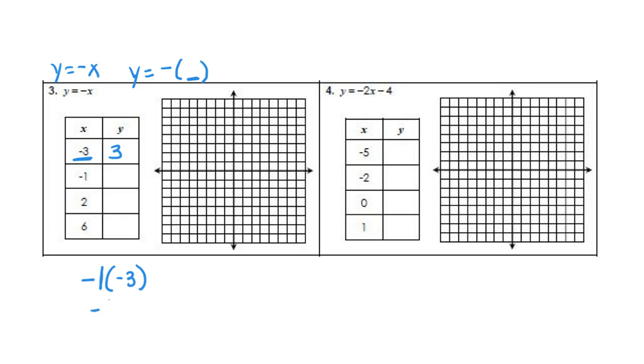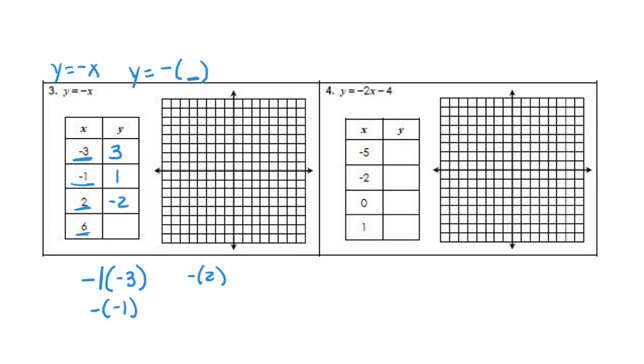Now, negative times, for here, negative 1. A negative times a negative is a positive, so negative 1 times 1 would be just 1. For this x value, I have 2, so negative times 2. Well, negative 1 times 2 would make that now negative 2.